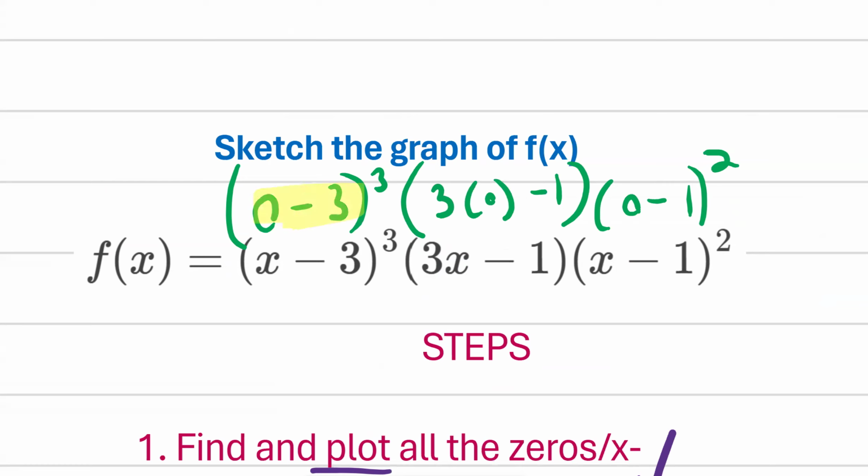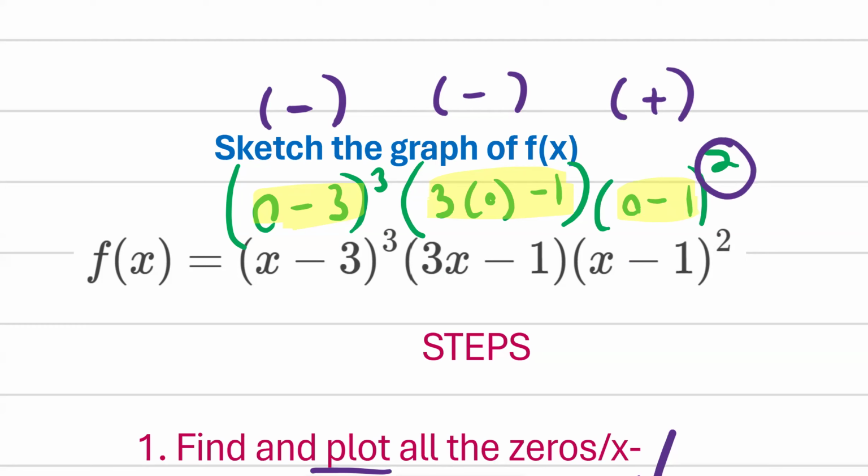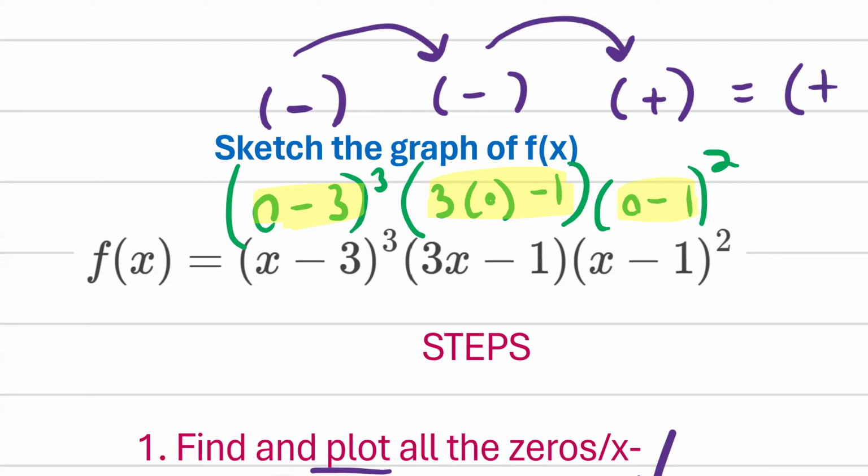So for this region here, I would just put a negative on top. For this expression here, 3 times 0 minus 1, that's also going to be negative. The last one's pretty nice because it'll always be positive. Even though 0 minus 1 is negative, that power of 2 creates a positive value every time. So I essentially have a negative times a negative times a positive, and that becomes positive at the end.